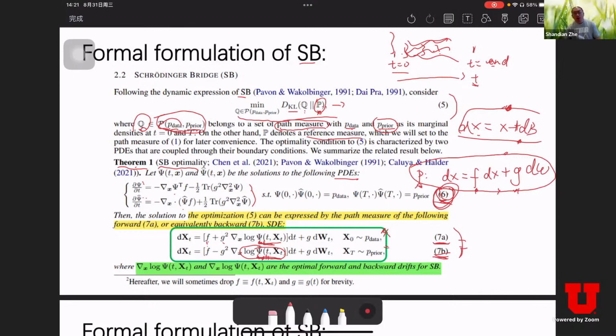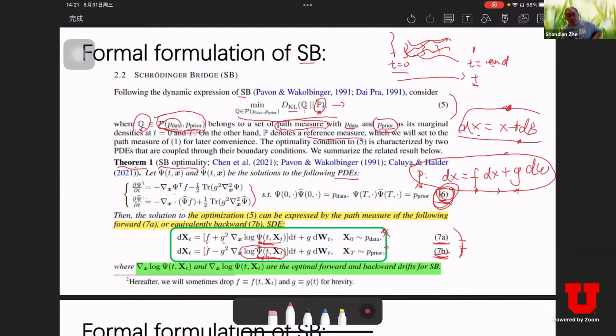Yeah, because psi is parameterized by a neural network, if you solve it to a good accuracy, you can substitute into 7a and 7b, right? If you take the gradient of x, it's straightforward. It is a neural network, right? Yeah, it looks like we can do that.